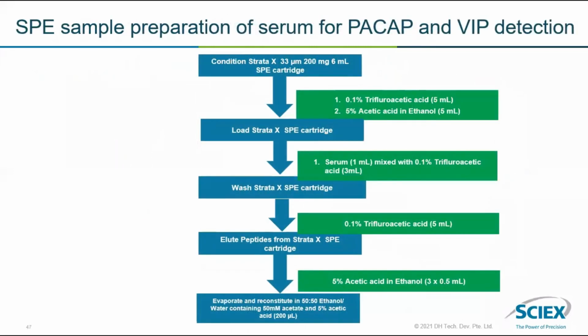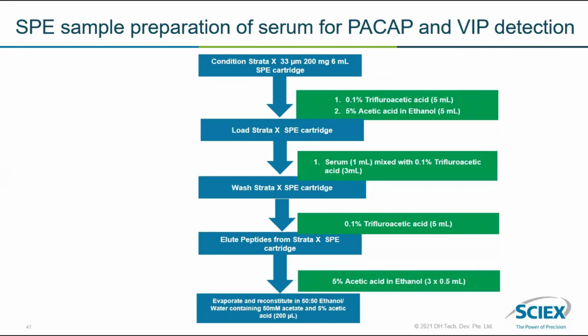We also did studies by using serum samples, and here you can see the workflow for the serum samples. We started with an SP column, and we took around 6 ml of the sample, which is 200 milligram of the serum sample.